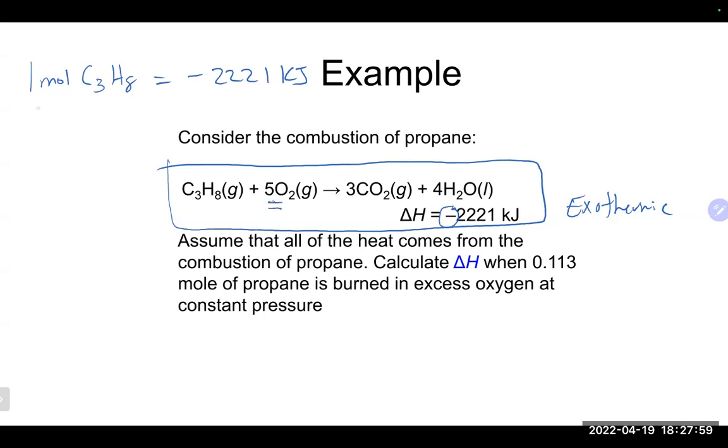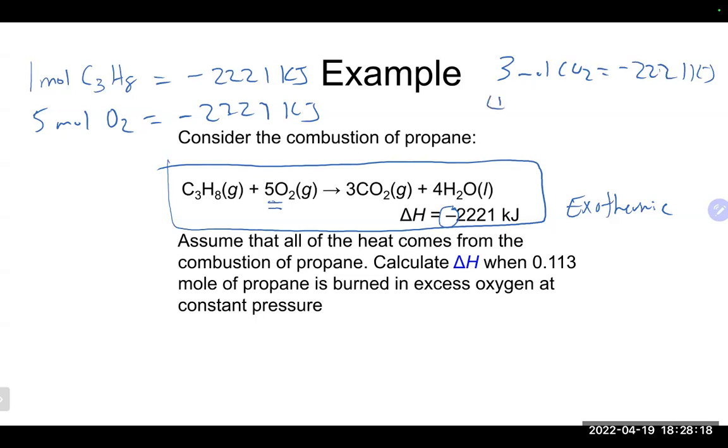For every 5 moles of O2, we get out minus 2221 kilojoules. On the other side, for every 3 moles of CO2, we also get out minus 2221 kilojoules. And for every 4 moles of water that's produced, we get out that exact same number.